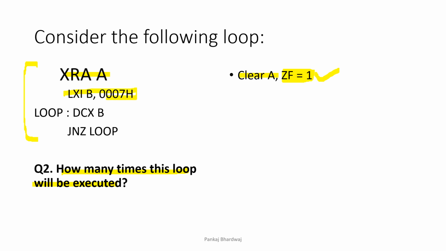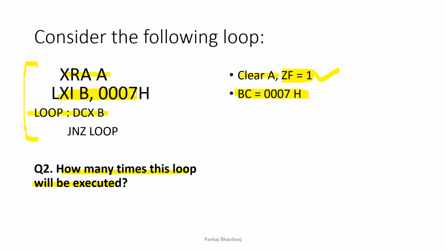LXI B 0007 means the BC pair will be immediately loaded with the content 0007.